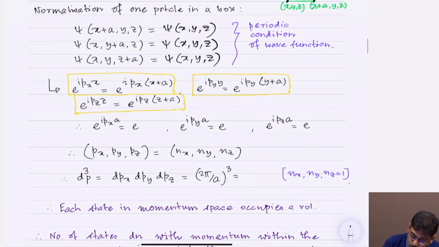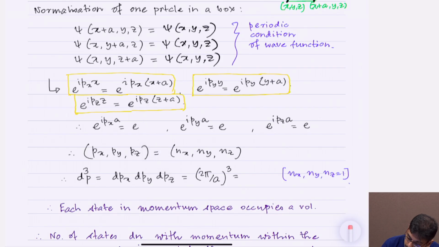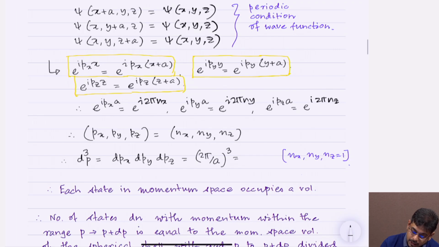Now, how can I write it? The 1 can be written as e to the power i 2 pi n_x, where n_x is an integer. Similarly, e to the power i p_y a is e to the power i 2 pi n_y, and e to the power i p_z a is e to the power i 2 pi of some other integer number n_z.